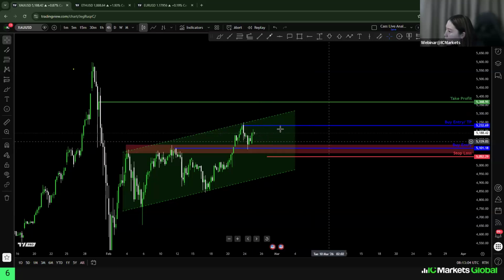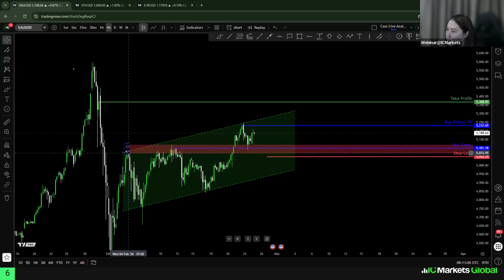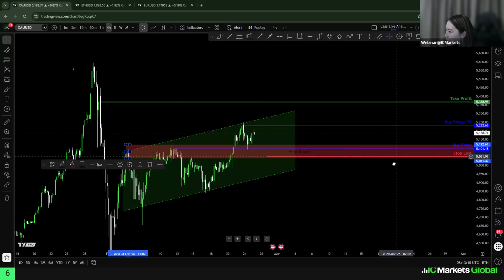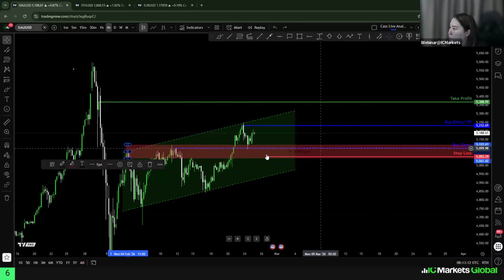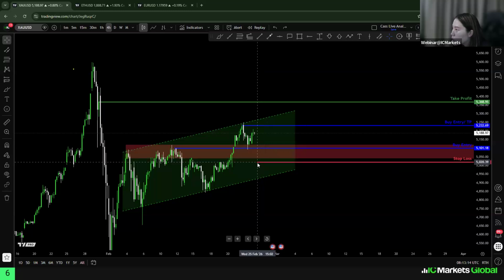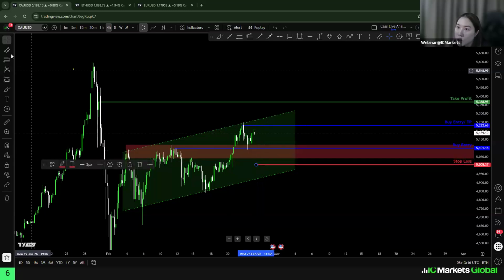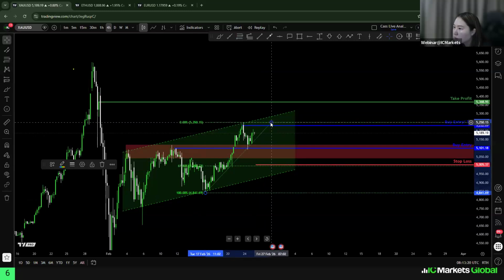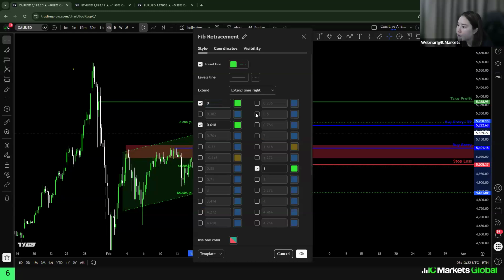I think there's a good chance price is going to pull back. But I'm going to have to widen this gap. I think there's a good chance price is going to pull back. I'm trying to narrow down exactly where it's going to pull back to.